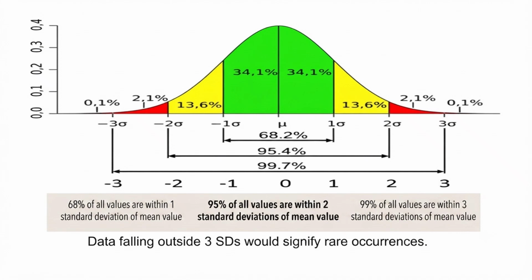And in this image, till 1 standard deviation it is denoted in green color, from 1 standard deviation to 2 standard deviation it is given as yellow color, and from 2 standard deviation to 3 standard deviation it is given in red color.